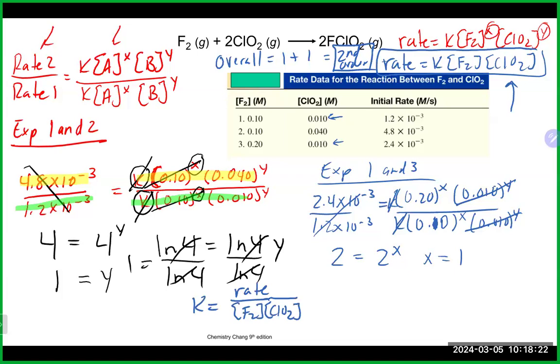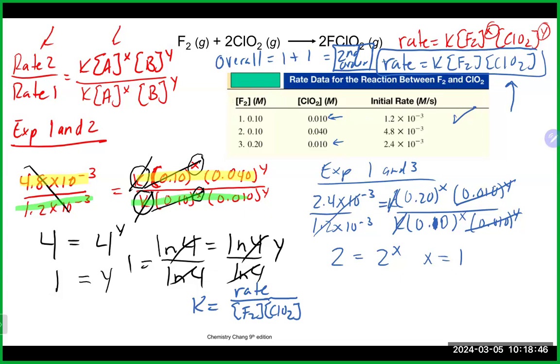Where I get those numbers is the exact same table. Doesn't matter which experiment I choose, you think? It doesn't, because it's a rate constant, which means it should be the same for all those experiments, right? So you could choose all the information from experiment 1, experiment 2, or experiment 3. The only thing you can't do is mix and match. So you just got to choose one.